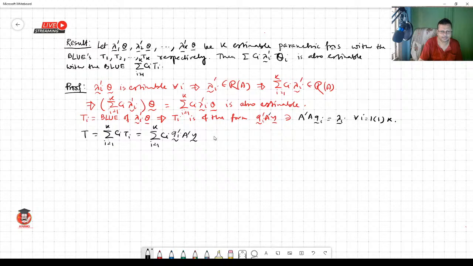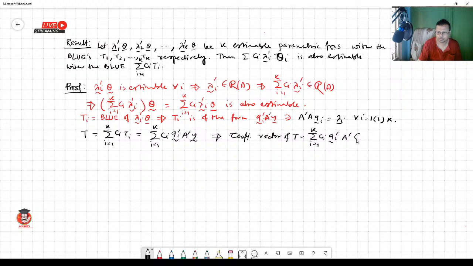And see that the coefficient vector of T equals the sum of Ci Qi'A'.